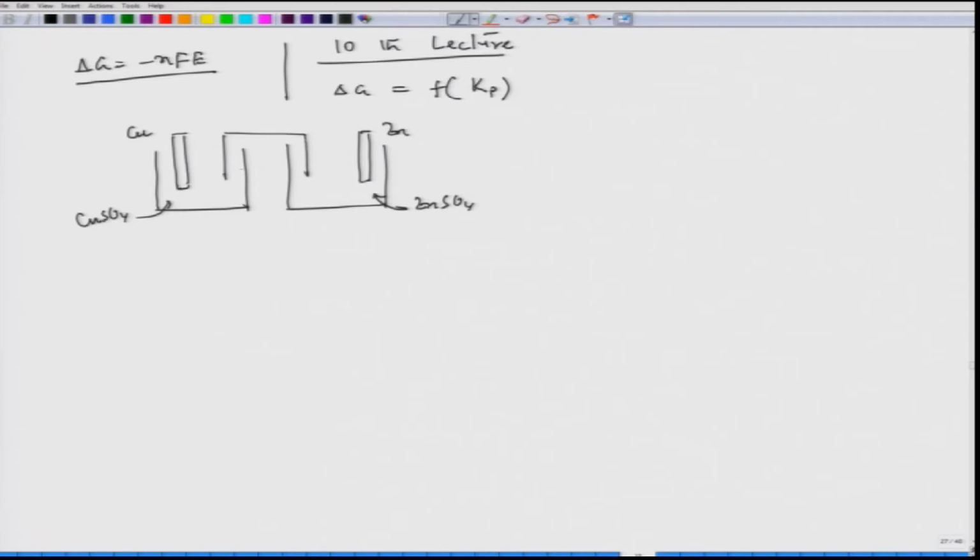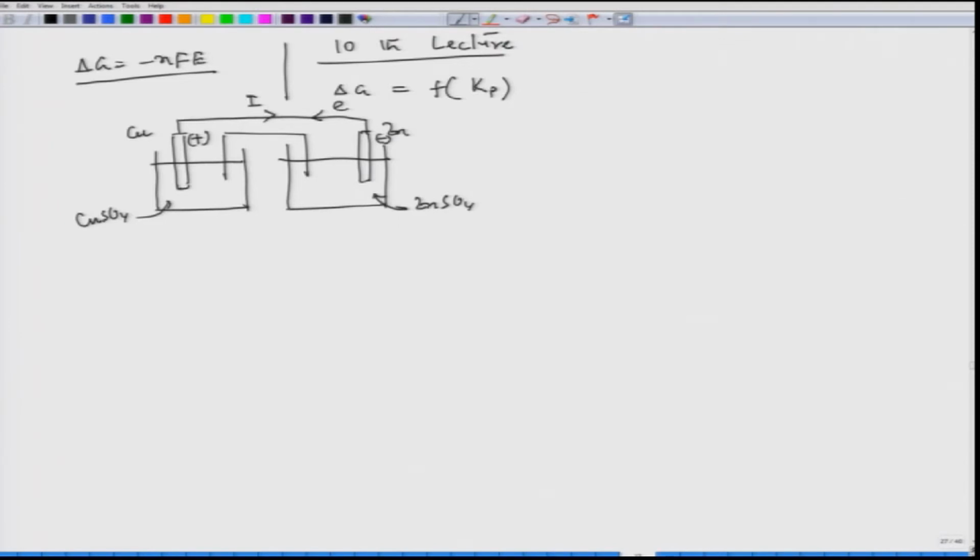We have a salt bridge, and now this terminal will get to plus, this terminal will go to minus, and if we connect them by an external conductor, then the current will flow this way and electron will flow this way, because we know that here oxidation happens, here reduction happens.